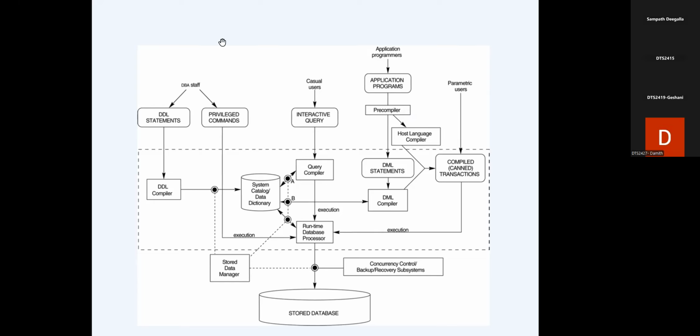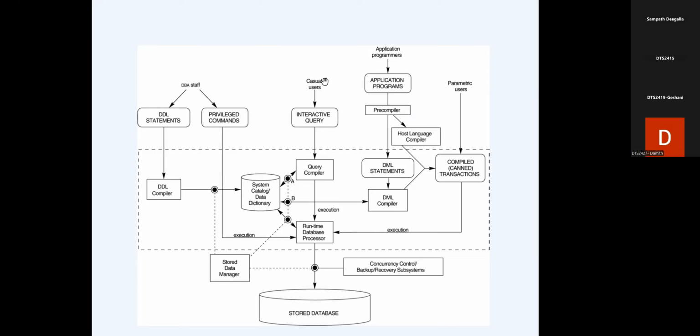Parametric users mean general users. Those who are developing the application have already developed well-tested transactions, we call them canned transactions or compiled transactions. So these are the general users. Usually they will allow you to use what is already tested, canned transactions. For example, if you go to an ATM, you know that when you want to retrieve money, there are ways that you have to operate the ATM machine. The commands there in the interface are called canned transactions. They are well tested.